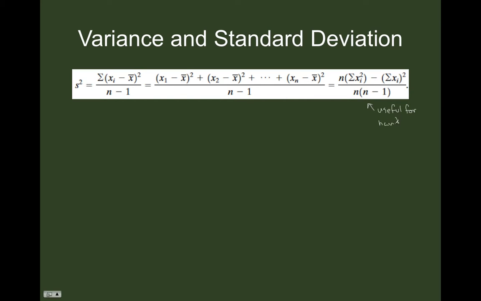One of the reasons this particular formula is even in the book is because if we weren't using any kind of technology, like the TI graphing calculator, then the expression on the far right, and the fact that it's equal to the s squared on the far left, would be useful, because it would make our calculations a little bit easier.